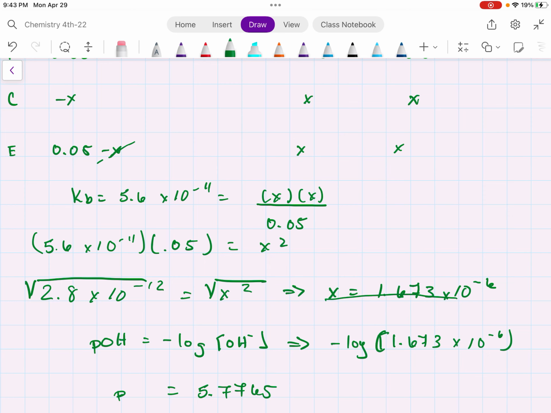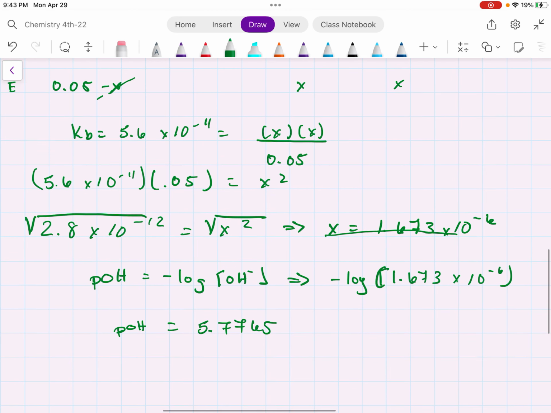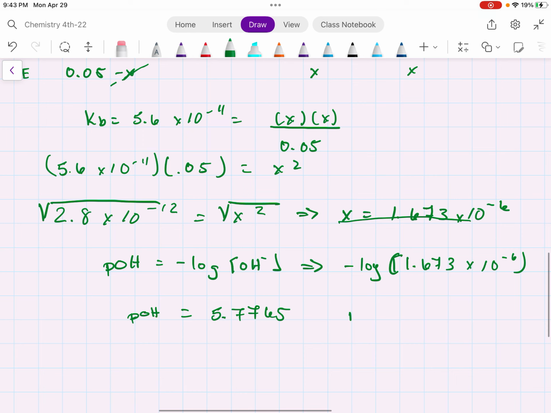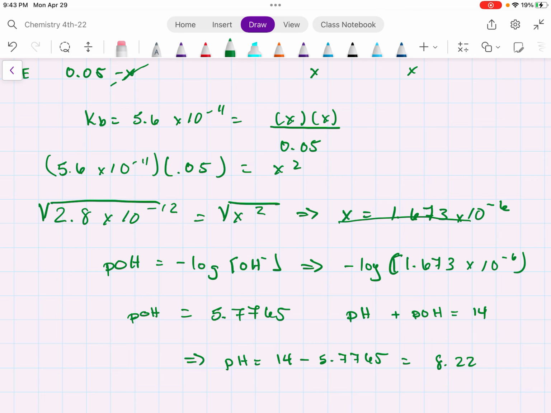So this is my pOH. Remember that pH plus pOH is equal to 14. Therefore, my pH is going to equal 14 minus 5.7765, and that's going to leave me with 8.22 is equal to the pH.